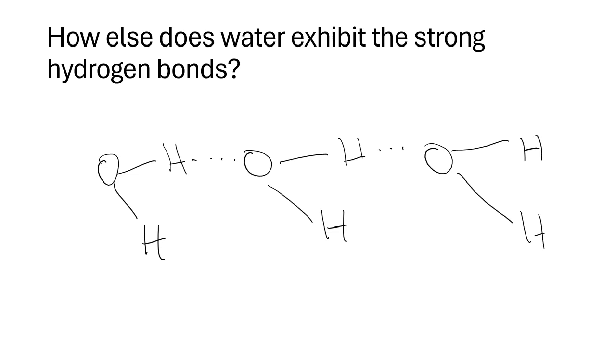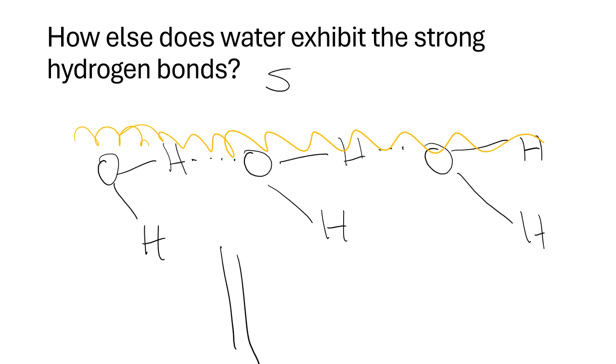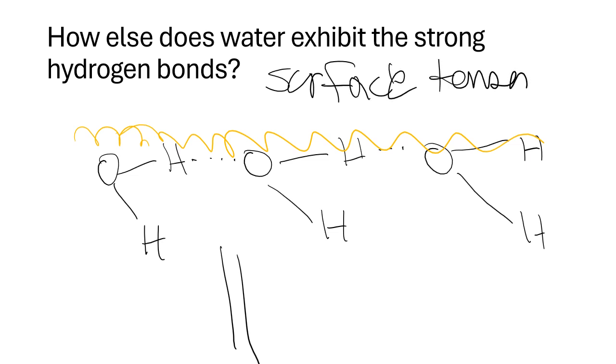So here, this is water, and a little water bug or whatever can walk across water. So it has a very high surface tension. And the other thing it does have is capillary action.